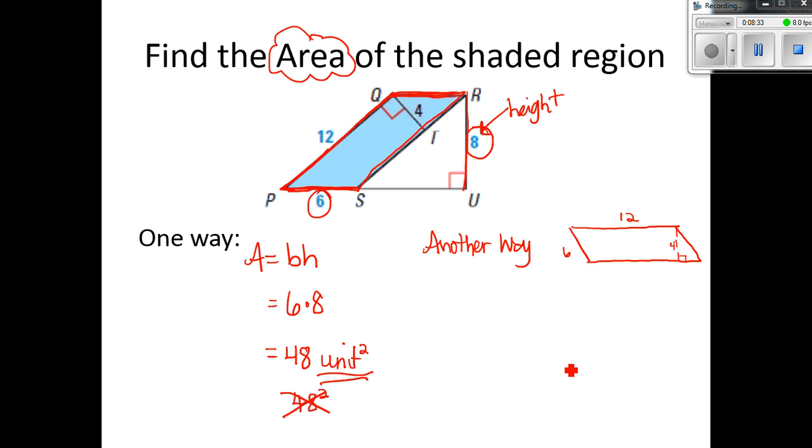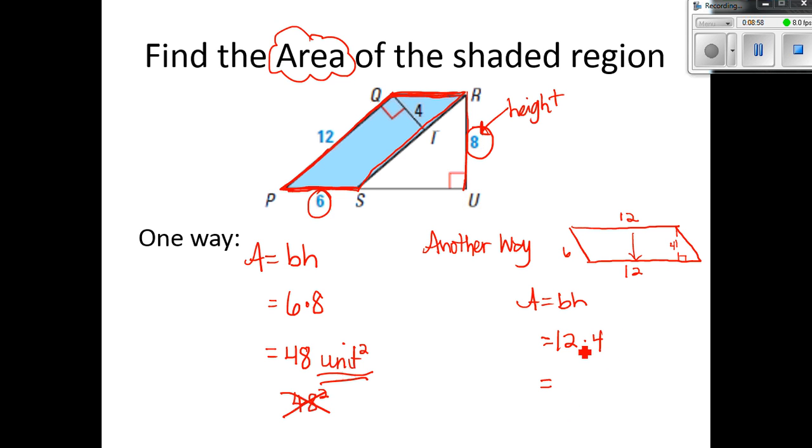So say we wanted to find the area of the parallelogram the way it looks now. Well, it's still going to be base times height. The base is 12 because in a parallelogram, the opposite sides are congruent, so the base is 12. But this time, the height is 4.